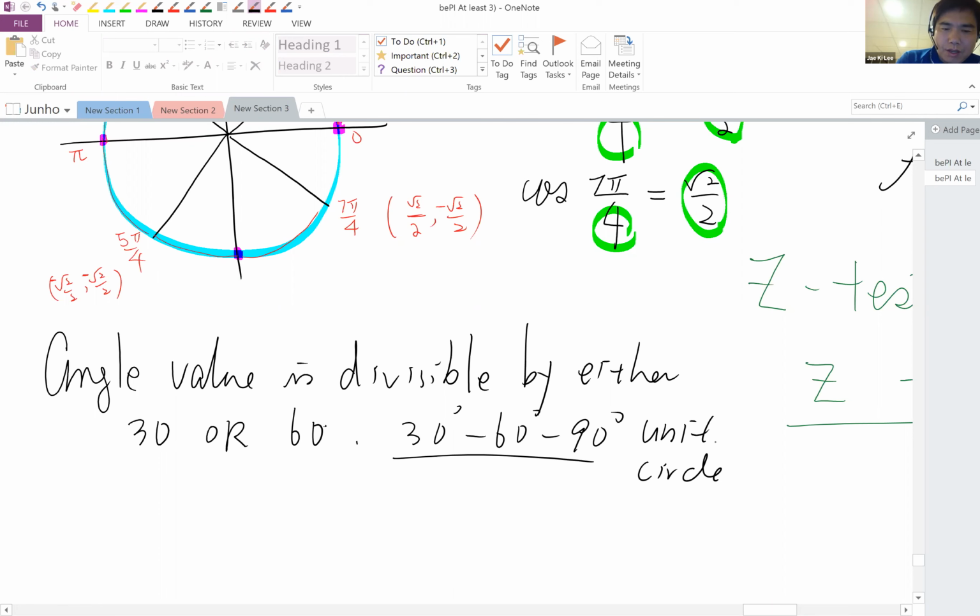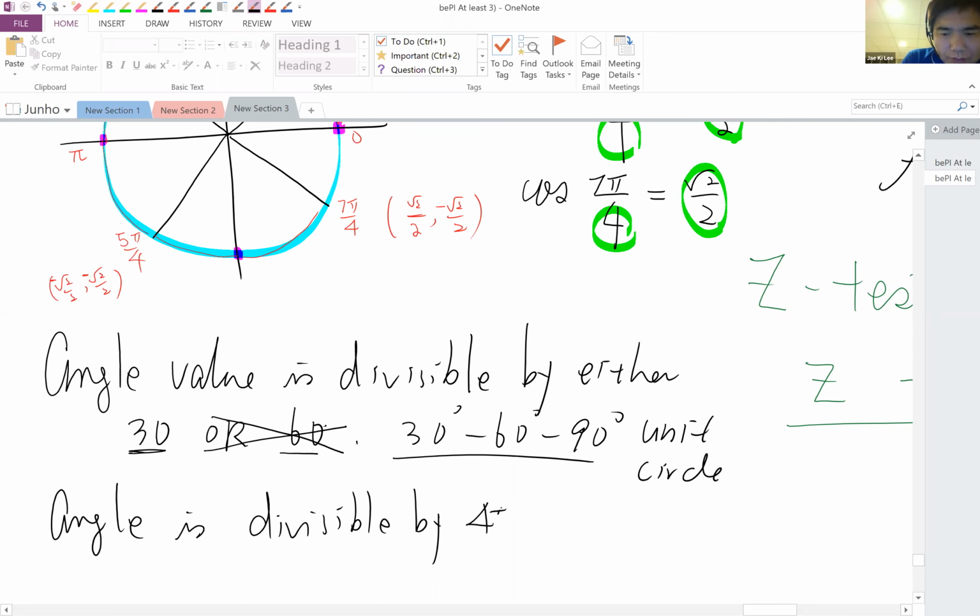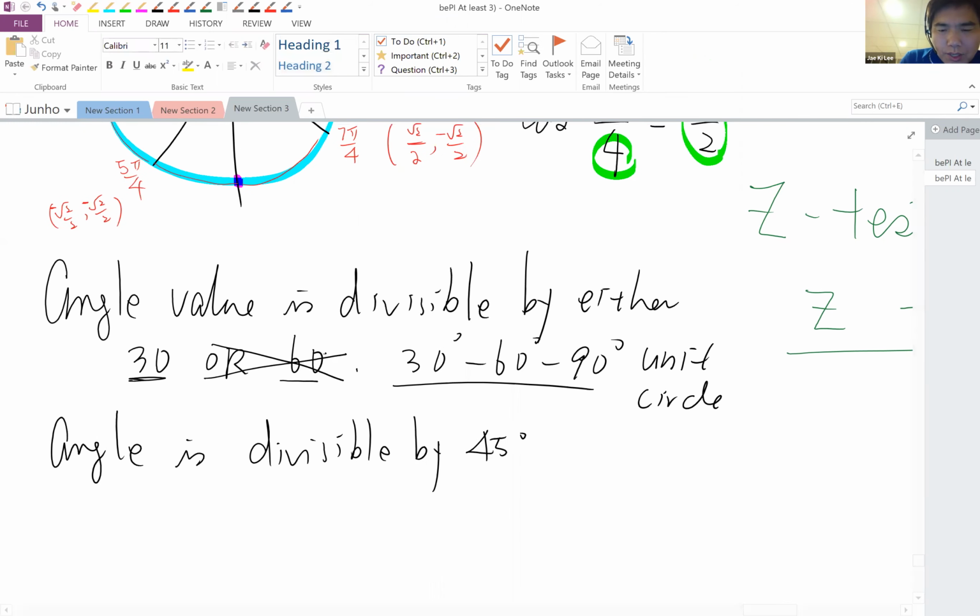But 30 is already a factor of 60, so don't worry about 60. Just divide by 30. Same thing, if the angle is divisible by 45 degrees, then you can utilize the 45, 45, 90 unit circle.